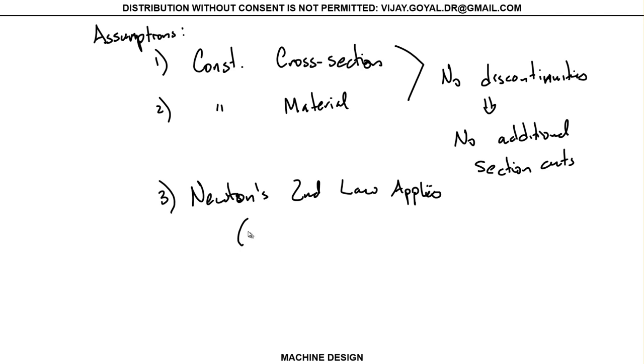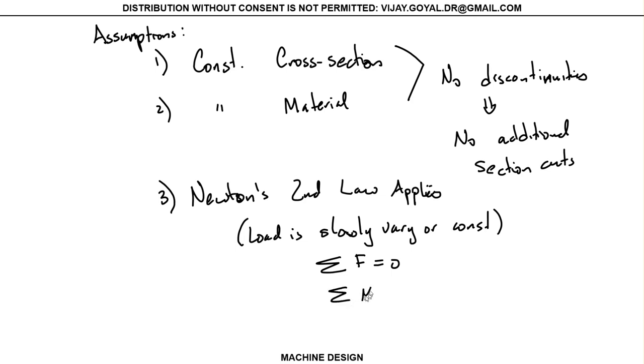So you're saying load is slowly varying or constant, and say summation of forces is 0, summation of moments is equal to 0. Okay, so those are some assumptions you can make.